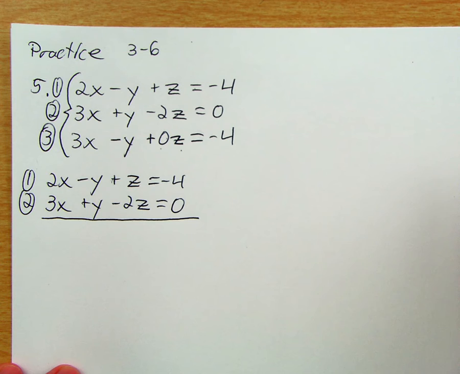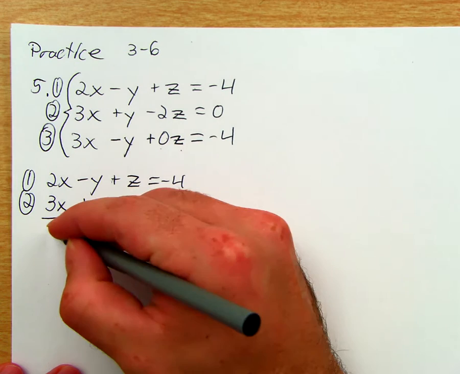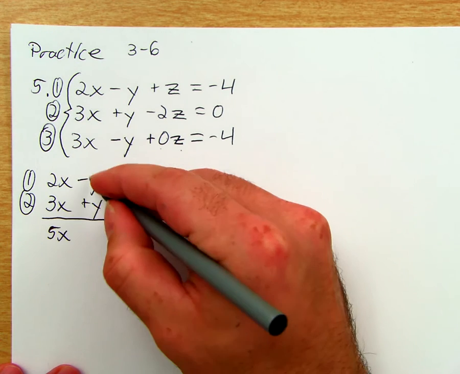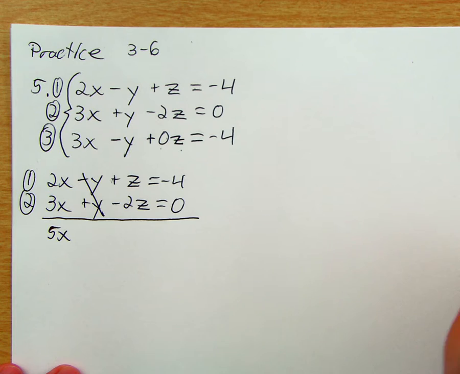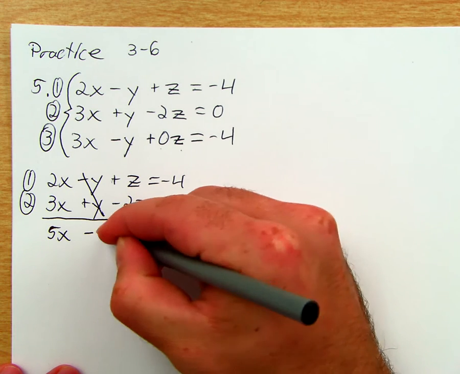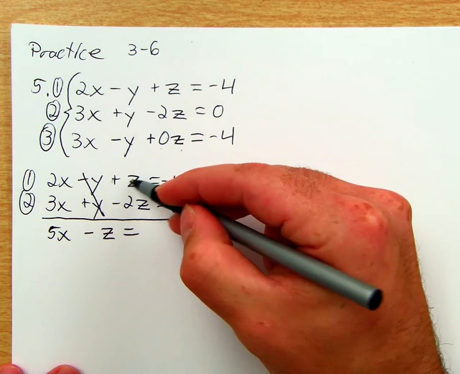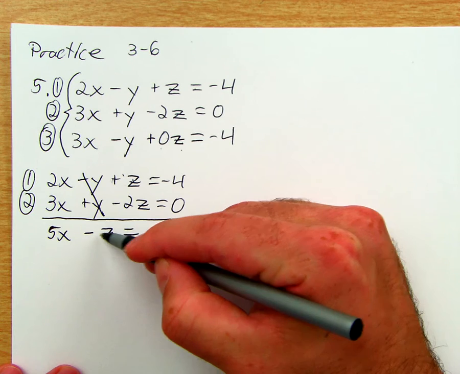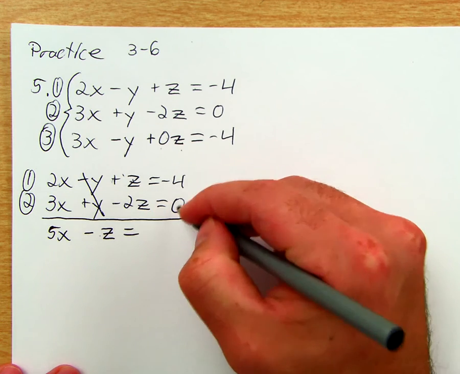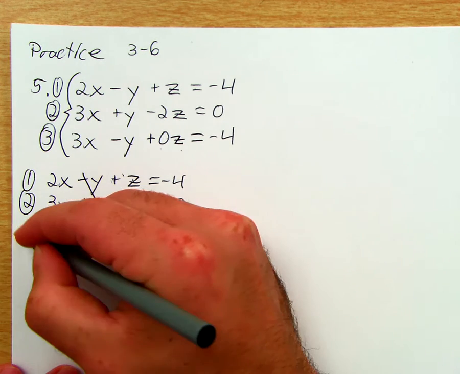Add those together. It's going to give us 5x, 0 y's, the y's are gone, minus z, 1z minus 2z is going to give you negative 1z, and negative 4 and 0, negative 4. And that gives us equation 4.